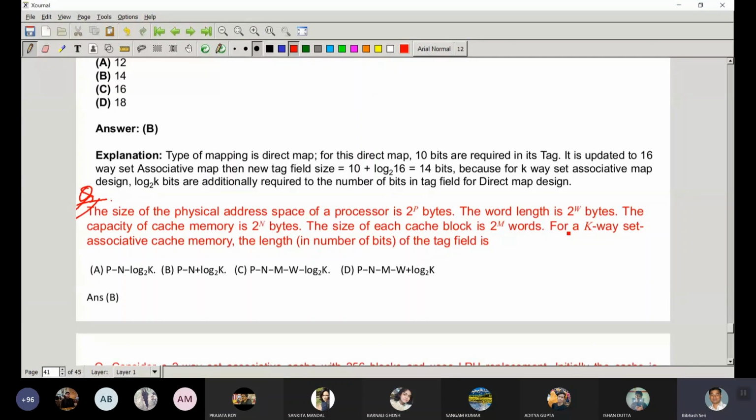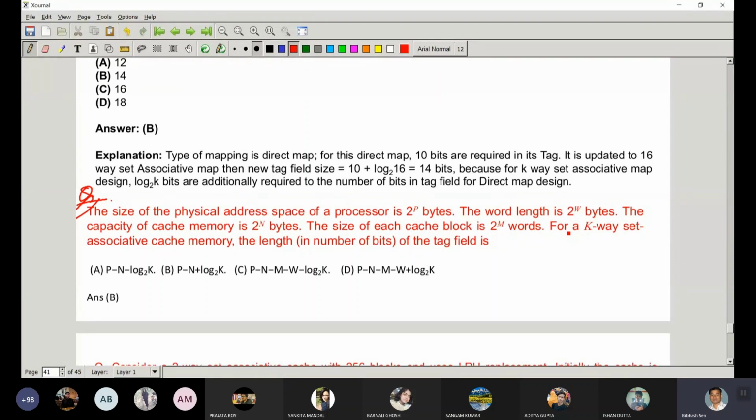You solve it and try to get it finally. 2 to the power M and 2 to the power W, is there any difference? Each word is word length 2 to the power W and the cache block is 2 to the power M words.